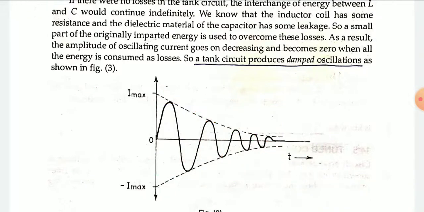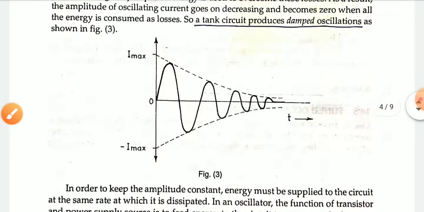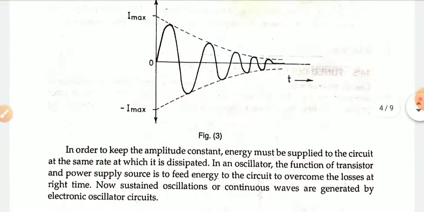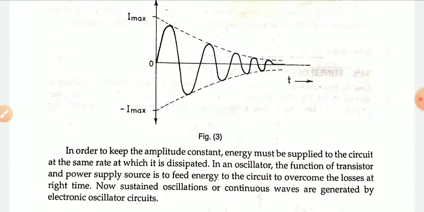So I think everyone can understand why the LC circuit works as an oscillator, and why we should apply the DC source for the oscillator circuit. Next day, as I said, we will discuss how the LC circuit can be implemented to generate an oscillator circuit.